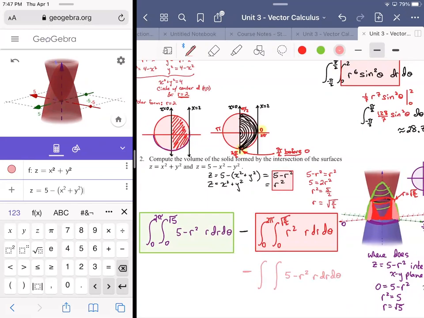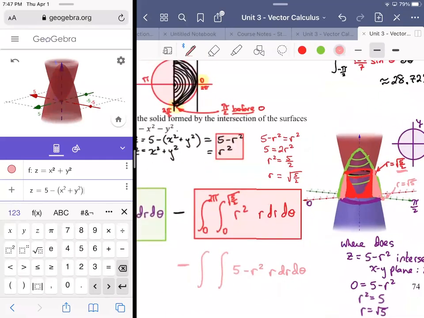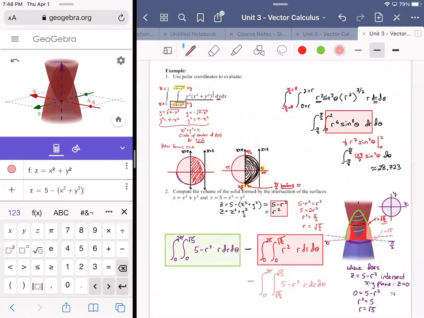But this time, it's starting at the intersection, which is radical 5 over 2, and getting all the way out to r equals radical 5. Still going all the way around, so 0 to 2 pi, but there is that extra piece there that didn't seem obvious or apparent initially.